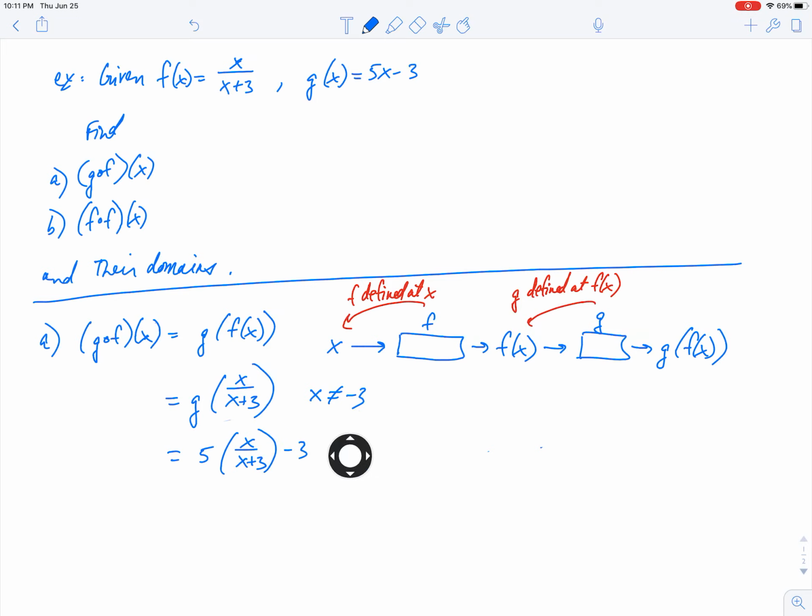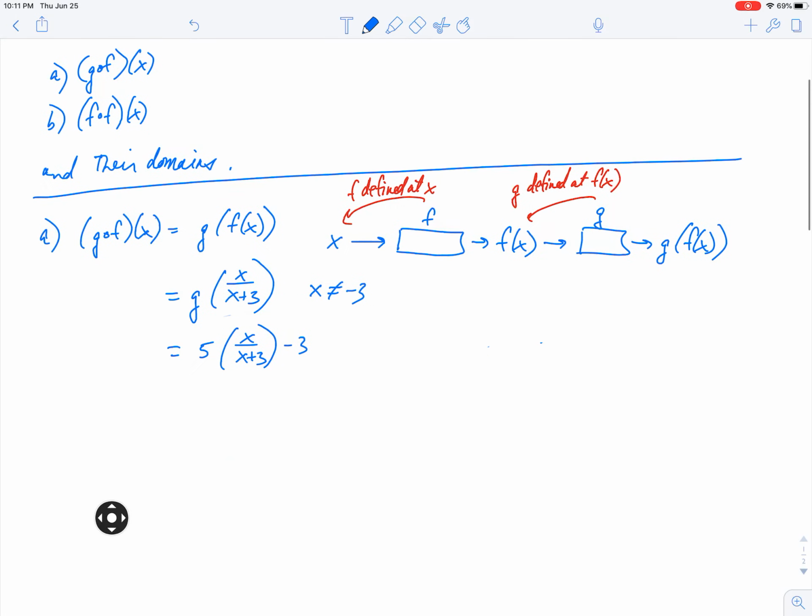And that doesn't impose any new restriction on the domain, because all I'm doing is multiplying by 5 and subtracting 3. Nothing will be undefined just from doing that if x over x plus 3 is defined, which it is because it's the output of f. It's a real number. So this is going to be 5x over x plus 3 minus 3 over 1, just algebraically simplifying this.